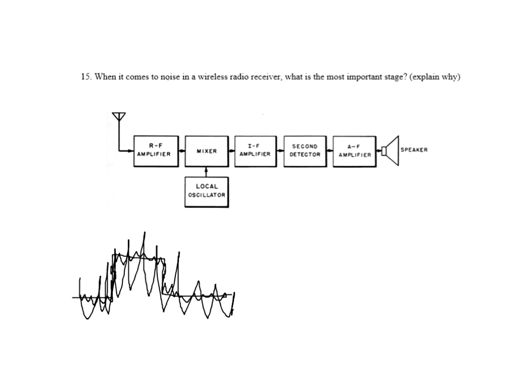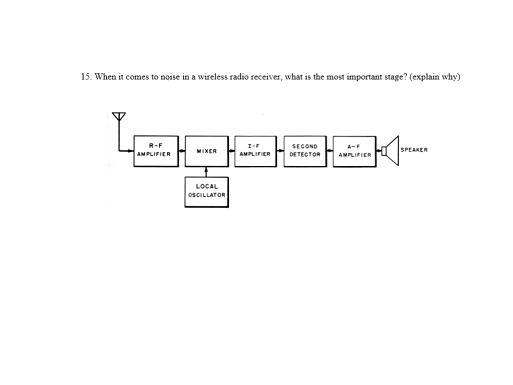Now, when it comes to a wireless receiver, or any receiver actually, which stage is always the most important when it comes to noise? Well, in a wireless radio receiver, we have many amplifiers starting at the beginning, and the signal gets amplified throughout. So the very first stage, or the RF stage of a wireless receiver, or the first stage of any receiver, is always the most important when it comes to noise, because if I get electrical noise in the first stage, what's going to happen as it passes through these stages?